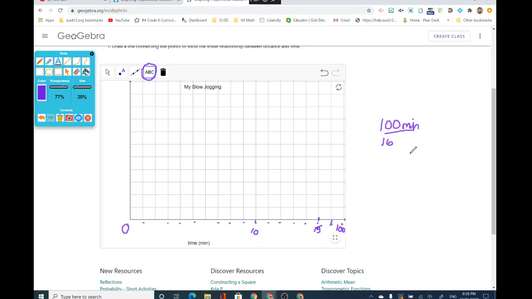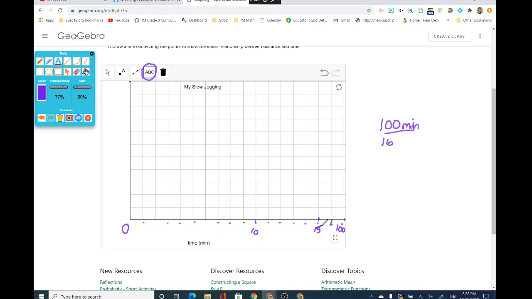That's a little difficult. I don't want to use decimals. How about 100 divided by 15? That's not easy either. 100 divided by 12 maybe? I want some easy fraction. I'm going to find an easy scale.